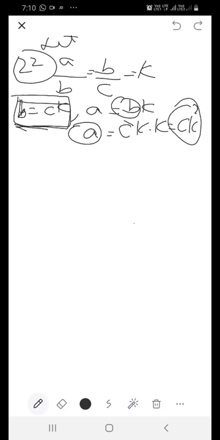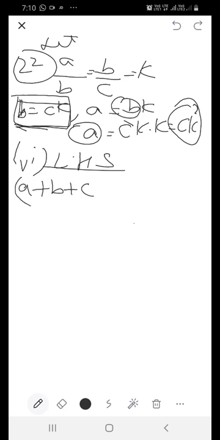I am taking the sixth part. In the sixth part of your 22nd question, the left hand side is A plus B plus C into A minus B plus C.